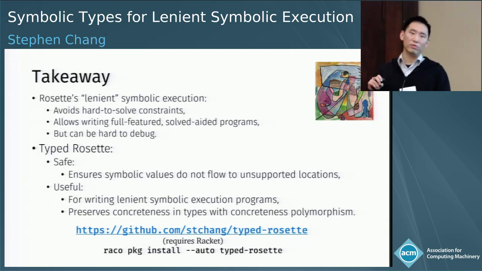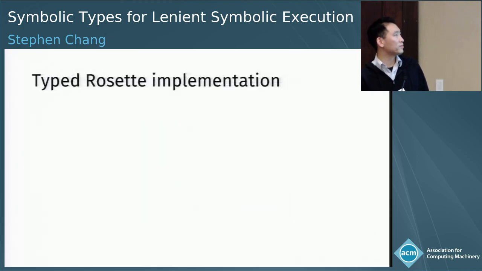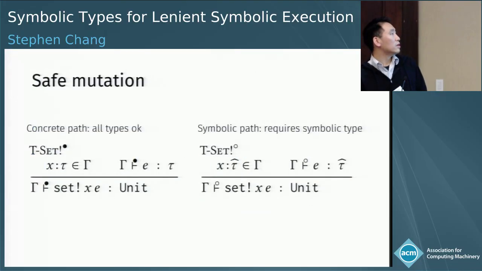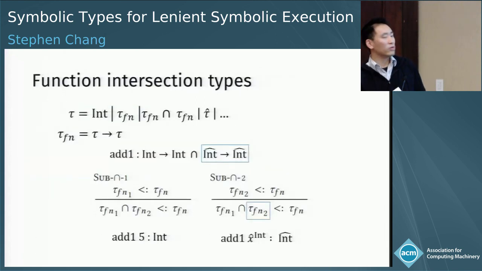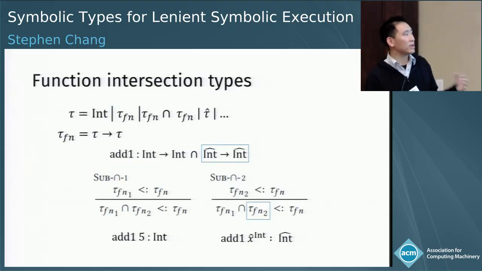And then on top of that, the programmer, I didn't get to this in the talk, but the programmer also needs to be able to inspect the labels. So for example, to implement a function with the intersection types, so for the programmer to be able to implement a function with this type, they have to be able to write code that says if the argument has label symbolic, then call function 1, otherwise do function 2.